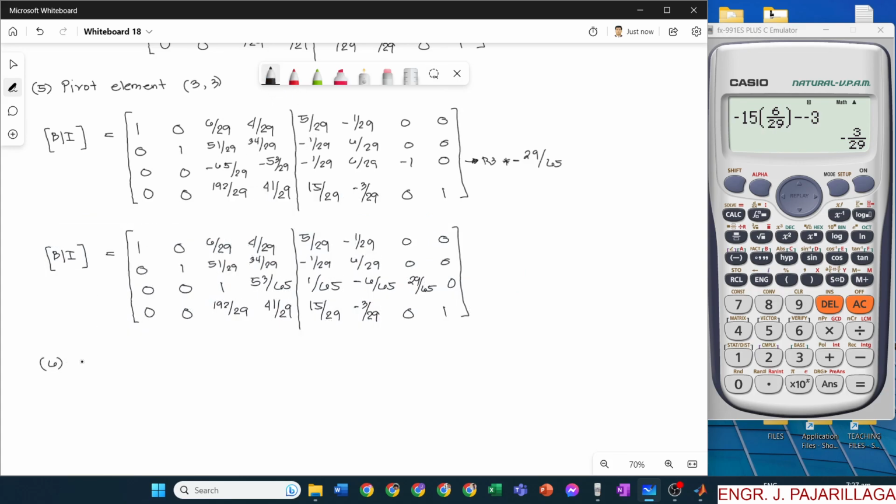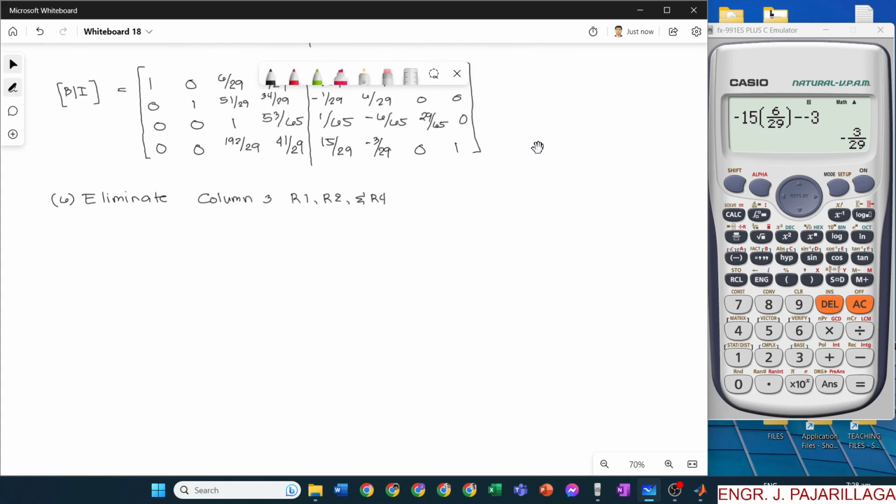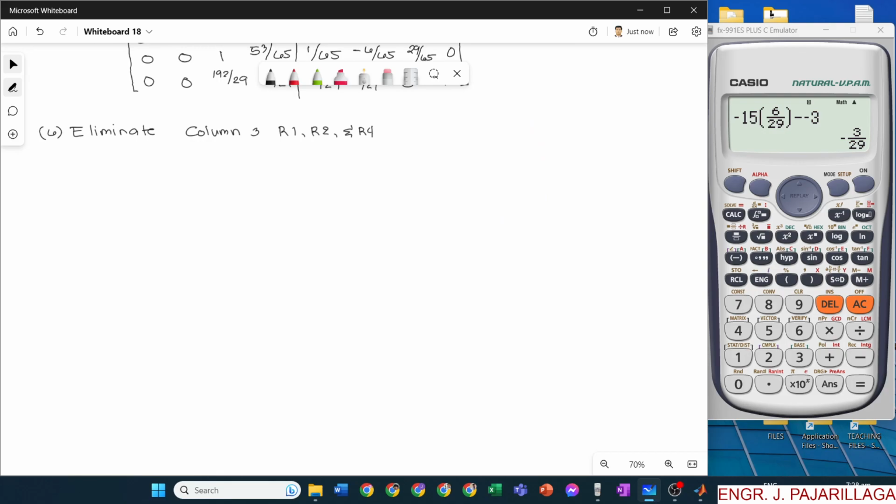Step number 6 is to eliminate. I-eliminate naman natin, alin? Column 3. Row 1, row 2, and yung ating row 4. So, sila naman yung i-eliminate natin this time, and i-copy natin. Check for recording tayo.